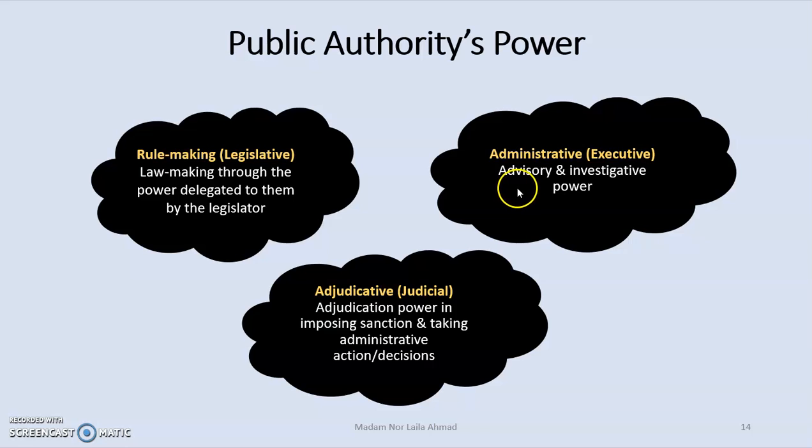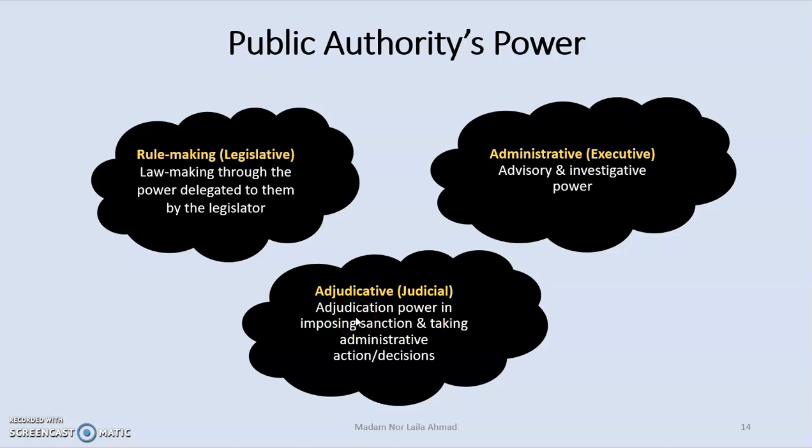The second power given to public authority is administrative power, also known as executive. So they can exercise functions of advisory and investigative power. And the third power given to them is known as adjudicative or judicial functions. This is also known as quasi-judicial functions.